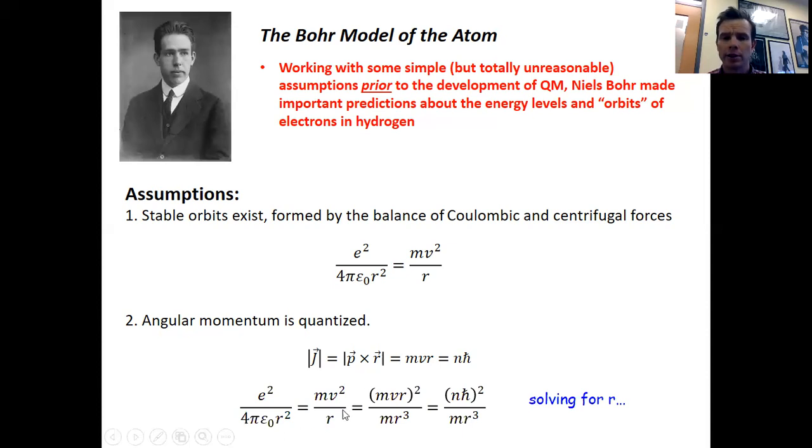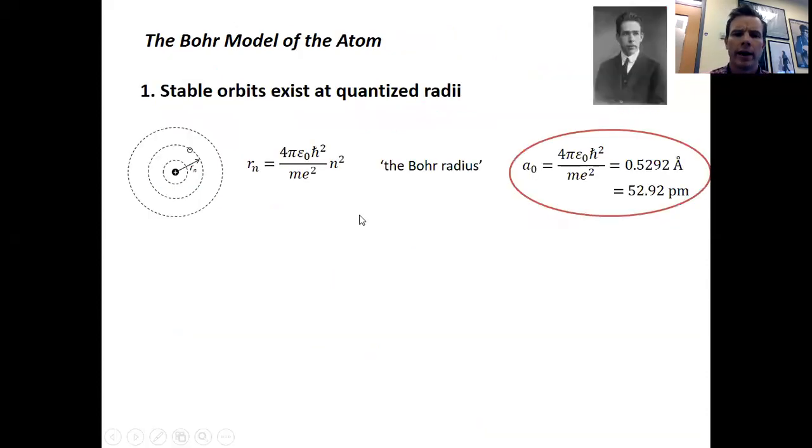So I can take this original statement, I write this in terms of the angular momentum, mvr. I plug in Bohr's quantized angular momentum, and I get this expression which can be solved for r. I get an r cubed in the denominator here and an r squared. I'll let you do the algebra, but if you do that, you end up with this result.